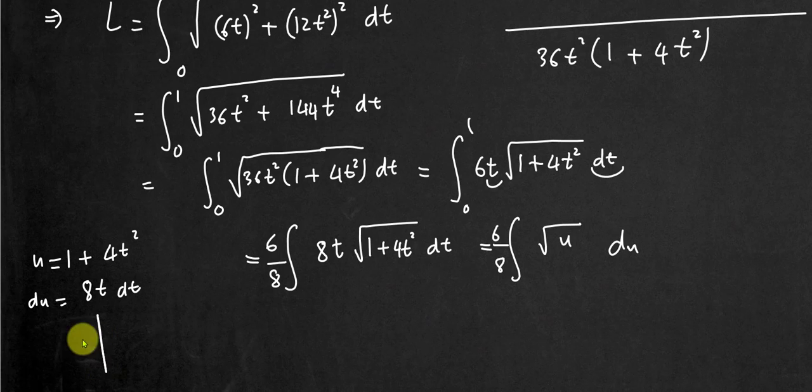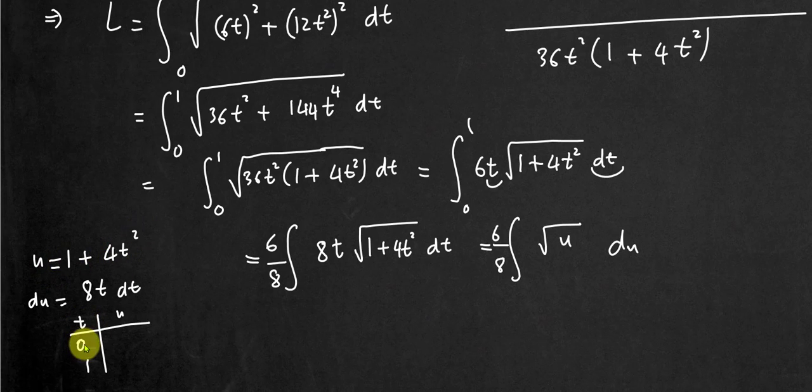And don't forget to change the limits of the integration. So originally we have t going from 0 to 1. Now we have u. u is 1 plus 4t squared.